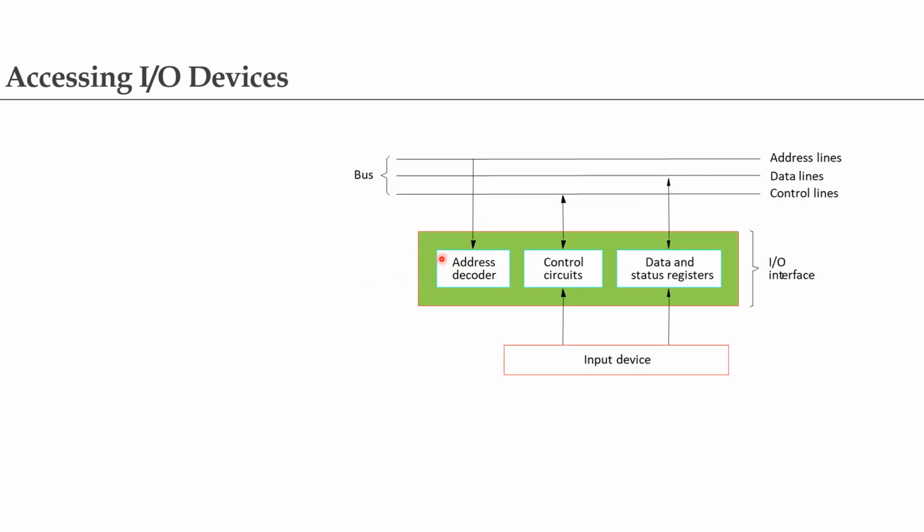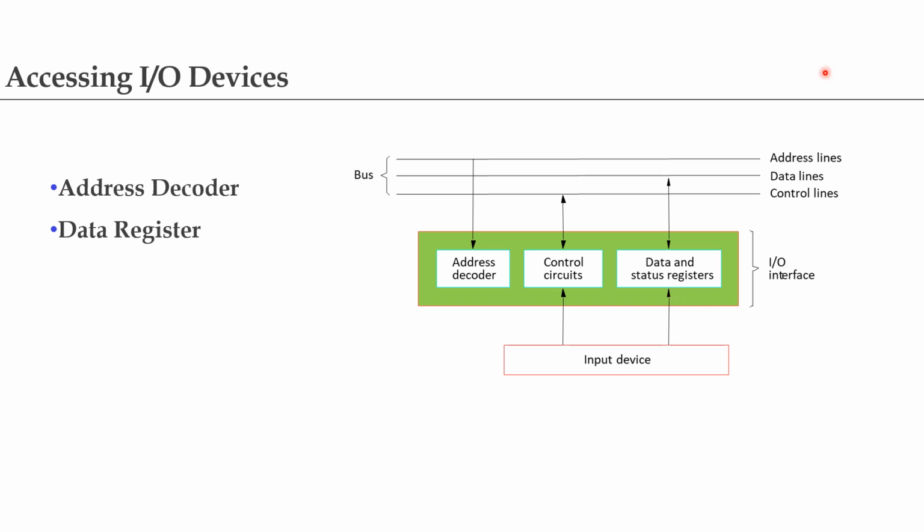An address decoder has two or more inputs for address bits and one or more outputs for device selection signals. It enables the device to recognize its address when the address appears on the address lines. The data register holds the data being transferred to or from the processor.